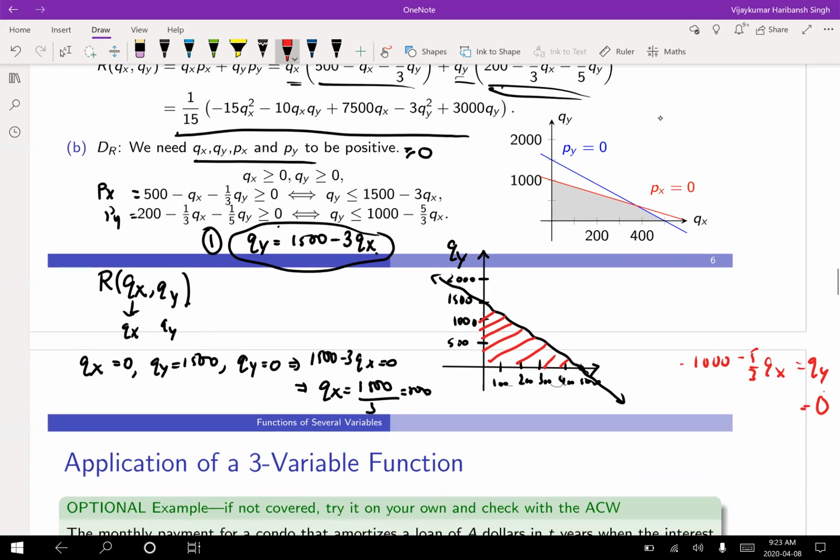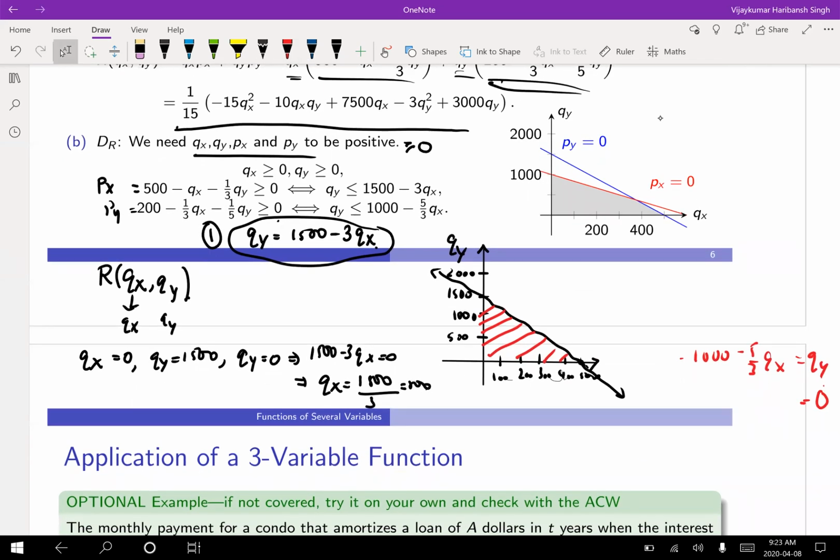So let's work it out. This means when QY is 0, you will get QX equals 3000 divided by 5, which is 600.